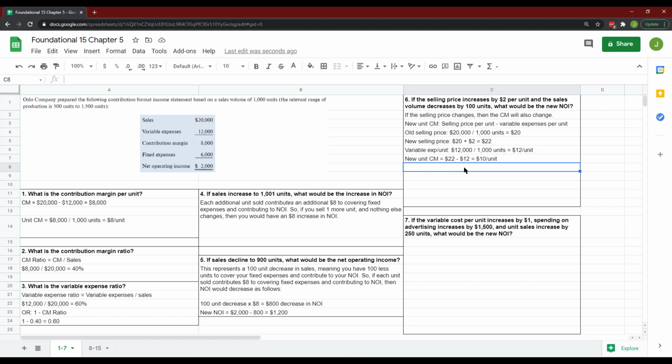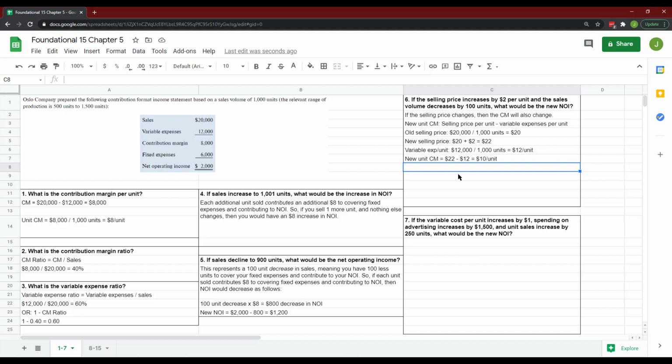Now we're going to use that to anticipate the impact that that would have on a decrease in sales of 100. So in this case, when they decided to increase the selling price, one effect of that was a slight drop in sales, right? So that would be one logical thing that might happen if they increase their selling price. But now let's see if increasing that selling price was worth it.